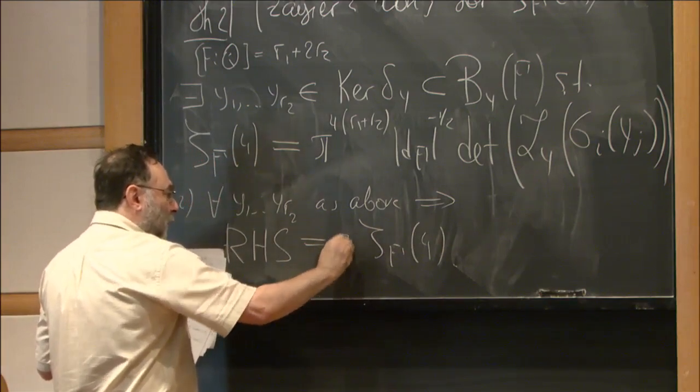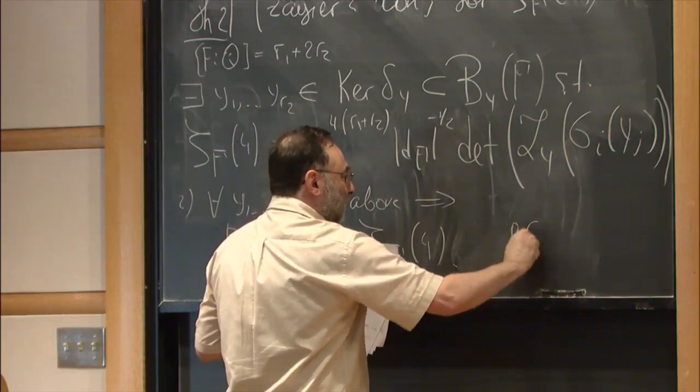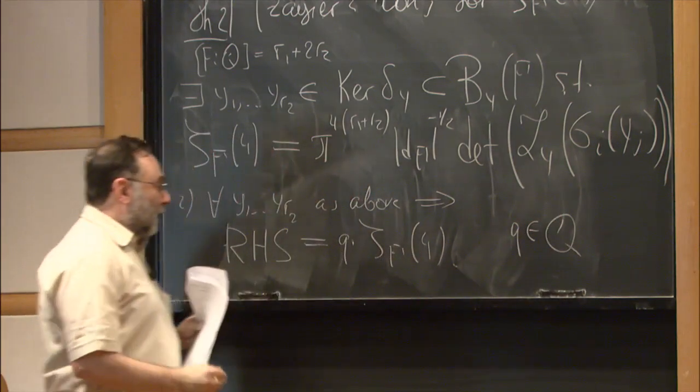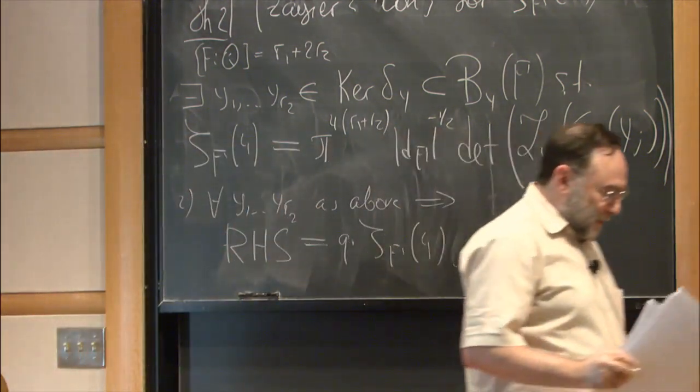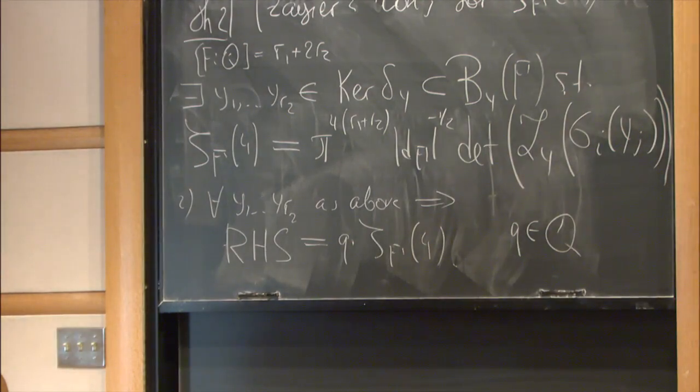However, now there is a little proportionality coefficient which belongs to Q. And the catch is that it could be 0. So you can form this determinant. You always get something proportional to the zeta function, but it's possible it could be 0. So the main statement is that there are choices where it's not 0.